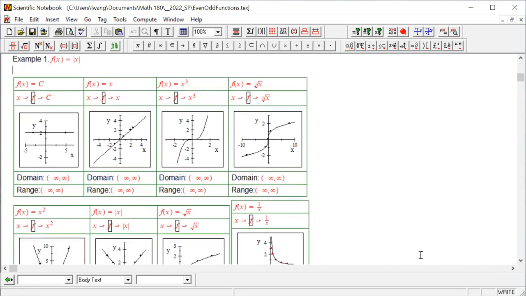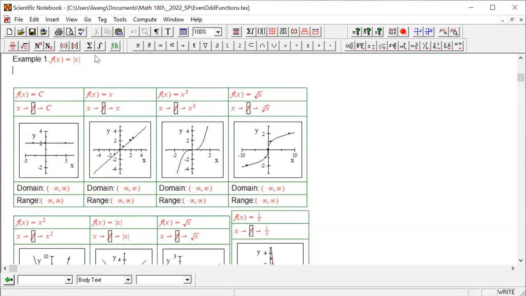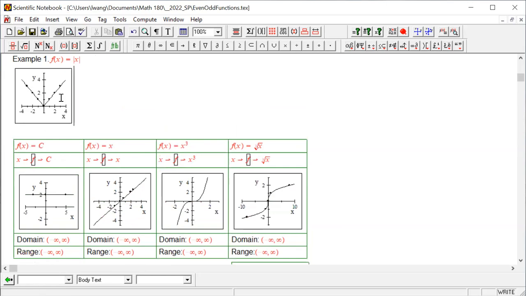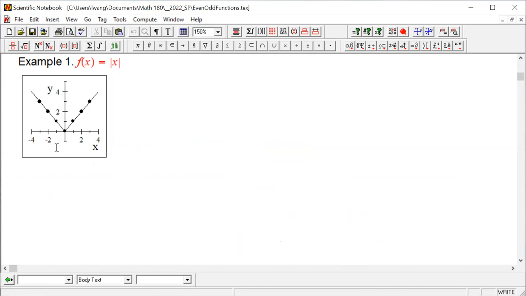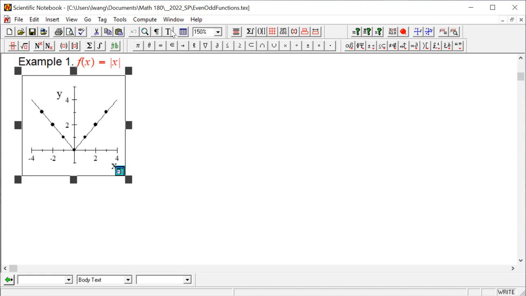We're going to examine, is it even? What it means on the graph. So this is the graph. Now I make it larger so you can see. The domain is all real numbers, negative infinity to positive infinity. So this consideration has to be on the entire domain.